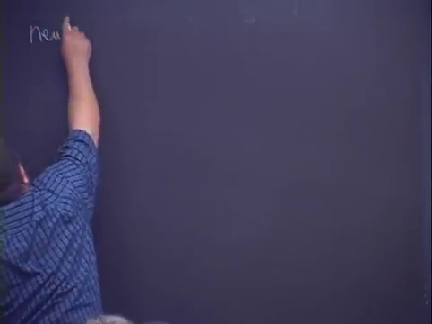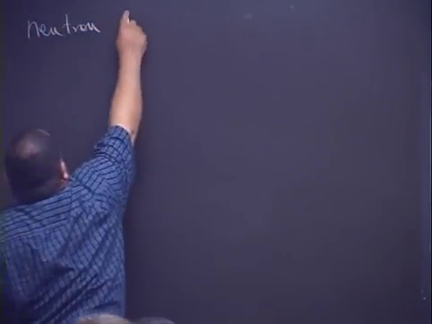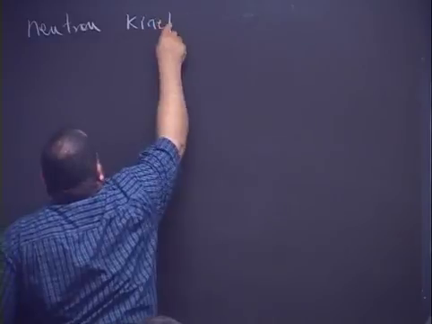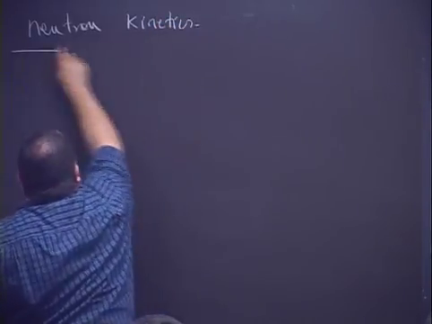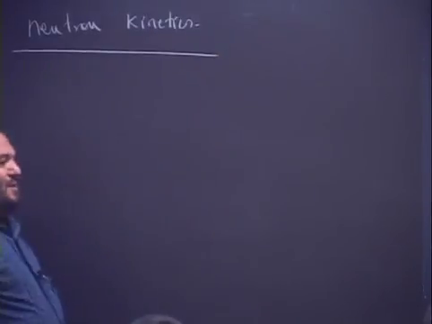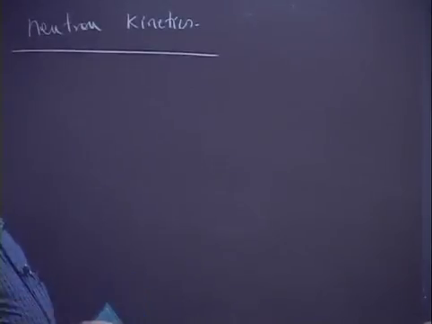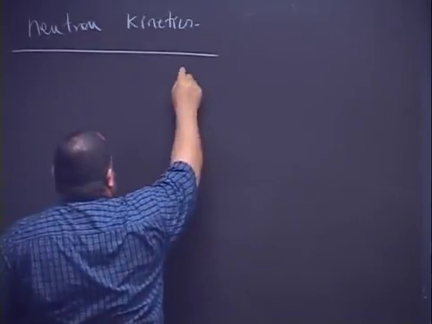So we knew from last consideration that we have two types of neutrons. One is what?